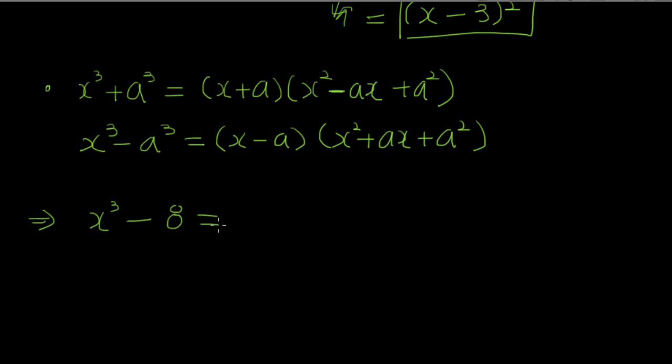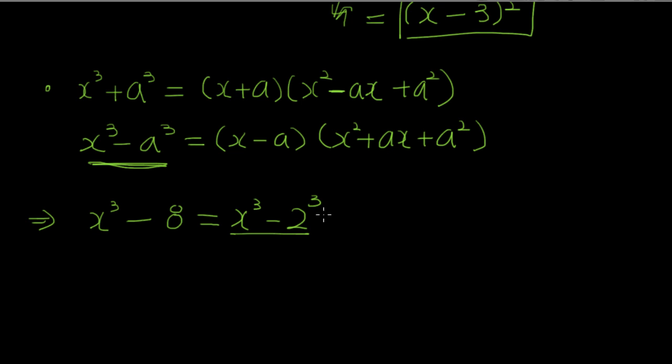Then, at first, it's not easy to see 8 as some number to the cube, but if you do this many times, then you know that 8 is 2 to the cube, right? 2 times 2 times 2. Then I'm trying to figure out, oh, then this is in this form, x cubed minus a cubed, where a is 2.